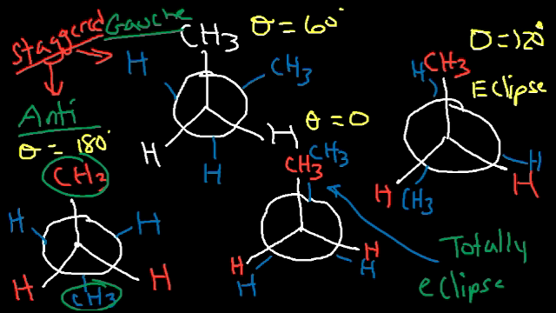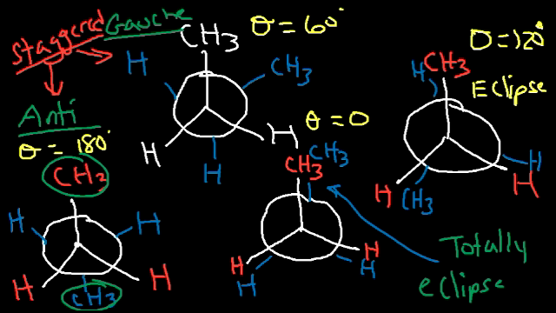So which one is more stable, a staggered conformation or an eclipse conformation? When it's eclipsed, you have something called torsional strain. As butane rotates, it's difficult for the hydrogen atoms to approach next to each other.